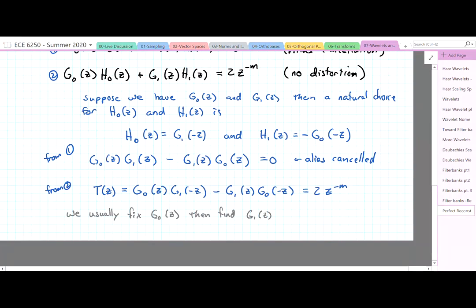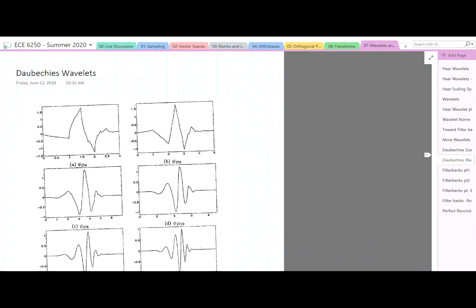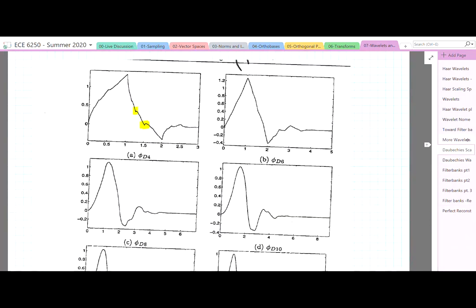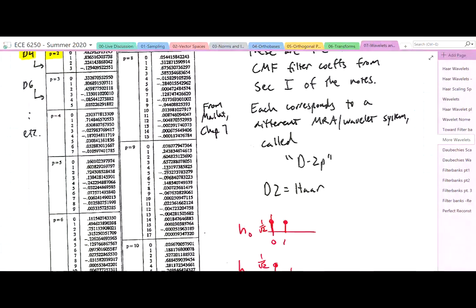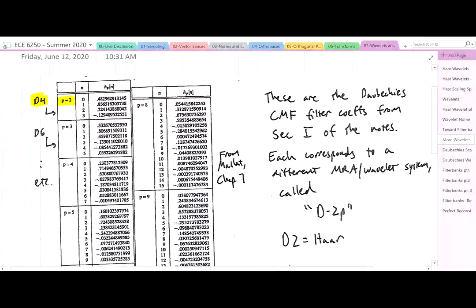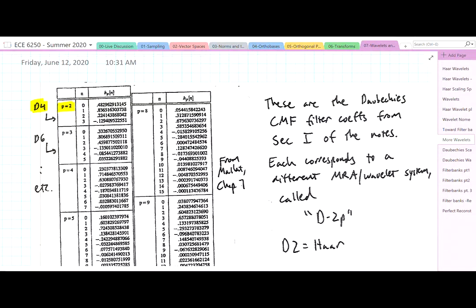And we'll use some optimization method to do so. So back to the Daubechies wavelets. That's what this is all about. We can choose some wavelet functions and optimize, and we get this set.